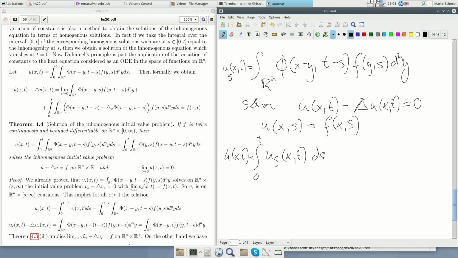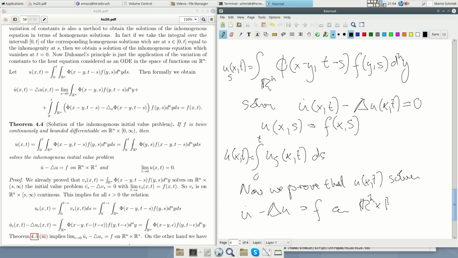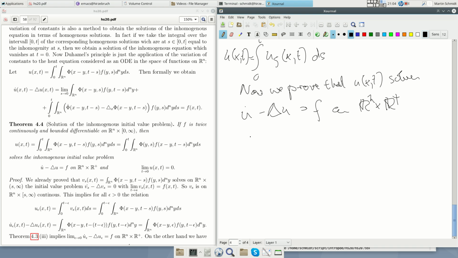And then we prove that u of x, t solves u dot minus Laplacian u is equal to f on Rn cross R plus, and the limit as t goes to 0 of u of x, t is 0.